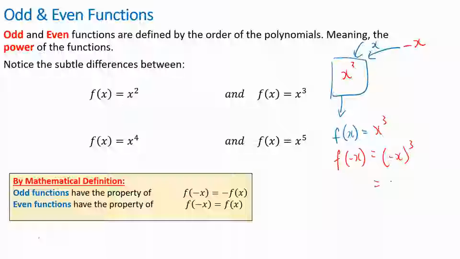Negative x cubed is the same thing as writing negative x all cubed. Then you look at this equation and you say, all right, f of negative x looks very similar to f of x. The only difference between these two is that this doesn't have the times negative. That's what the second function is saying. See, it's odd. If f of x, the normal f of x, the one in blue, if I just times that by a negative, is that the same as subbing a negative x in? Then it's odd. So that's why this is odd.